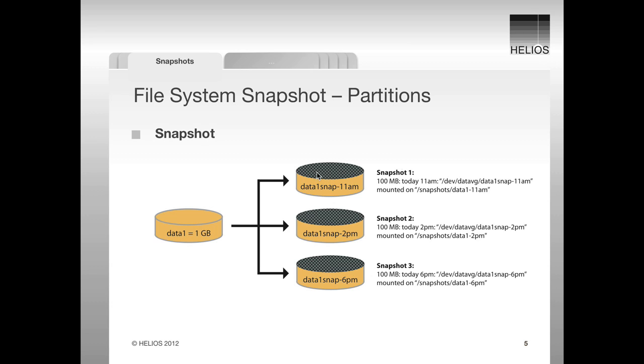Then you can create a snapshot, let's say one in the morning, one in the afternoon, and these are snapshot containers, basically partitions, saving the differences between the time when you did the snapshot and now. So this is the version of now, and this is the version, let's say, of 11 AM, of 2 PM, of 6 PM.